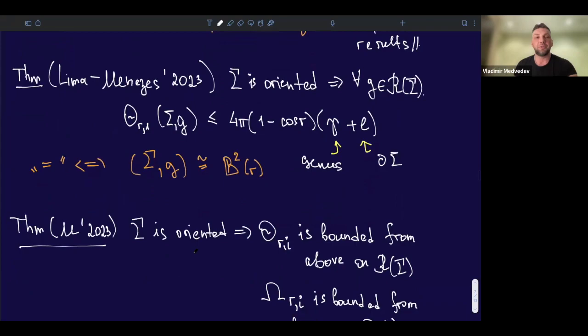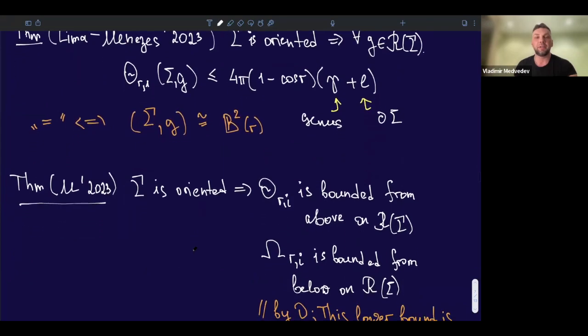And I tried to generalize these results, and I was able to prove that if sigma is oriented, then theta Ri is bounded from above on the space of Riemannian metrics on sigma, and omega Ri is bounded from below.